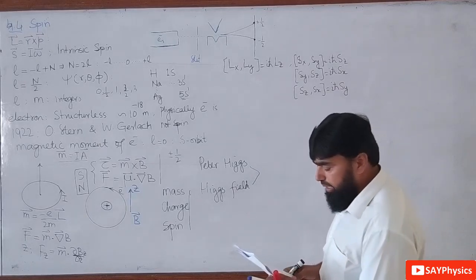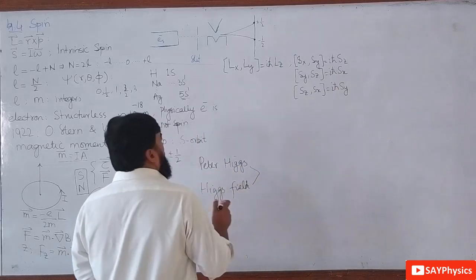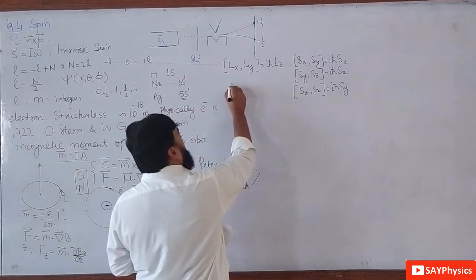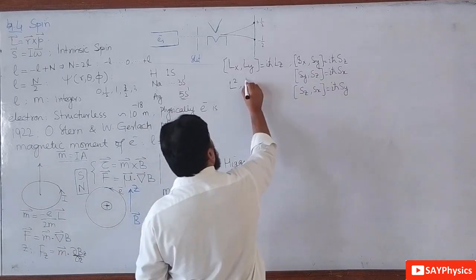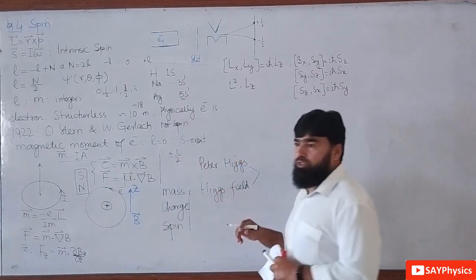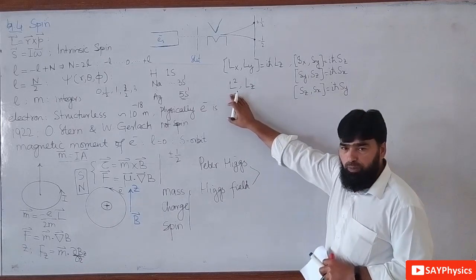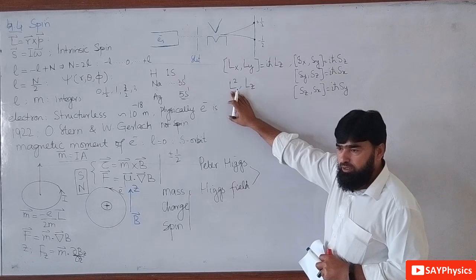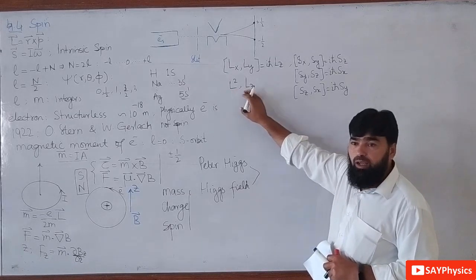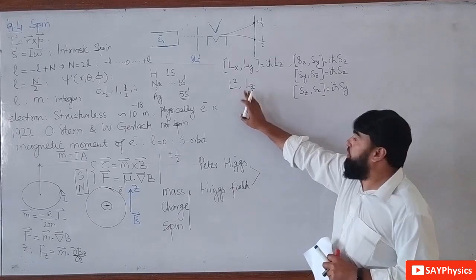Just as this was true in the orbital angular momentum case, it will be true for the spin angular momentum case as well. And you had applied L square and you had applied Lz. These were your two operators, if you remember. L square was an operator with an eigenfunction and an eigenvalue.